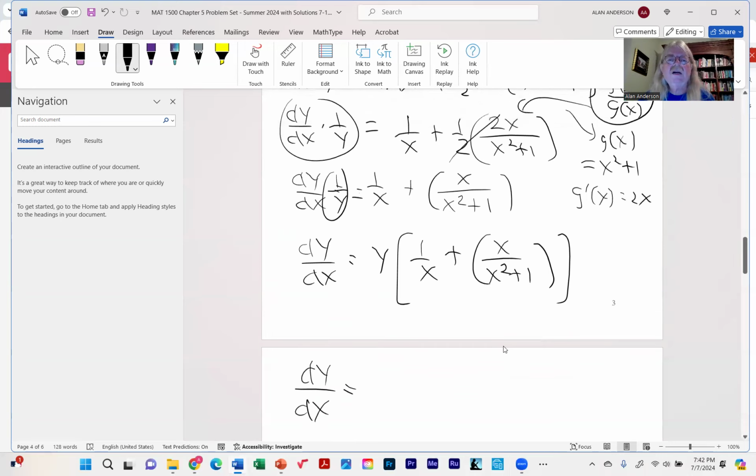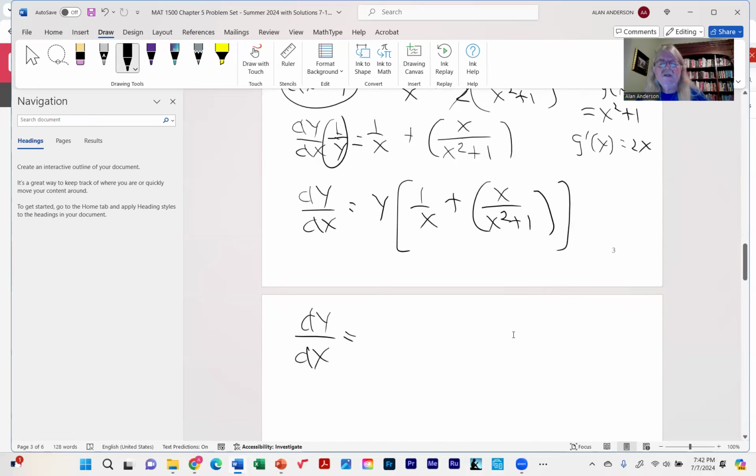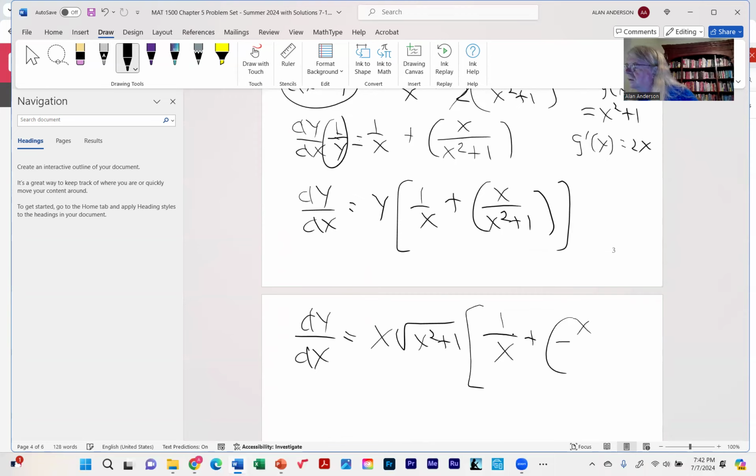And if you recall, that was equal to x times the square root of x squared plus 1. Again, if you feel like it, you can go ahead and simplify this, but this is the actual answer. Wow, that's a messy answer. Now you can see why sometimes this is helpful.